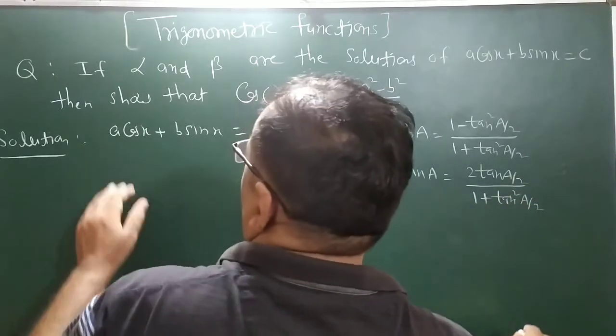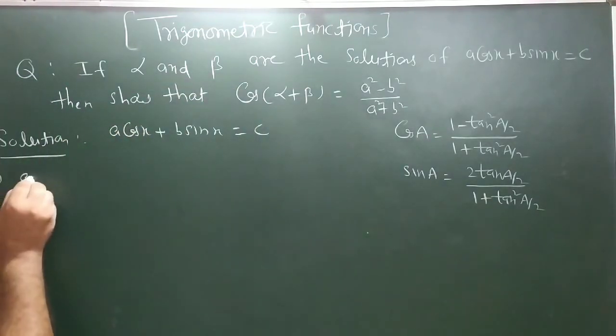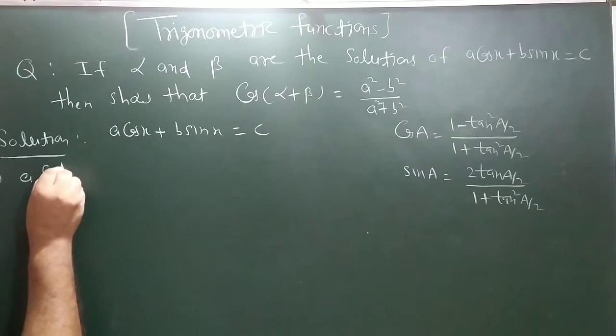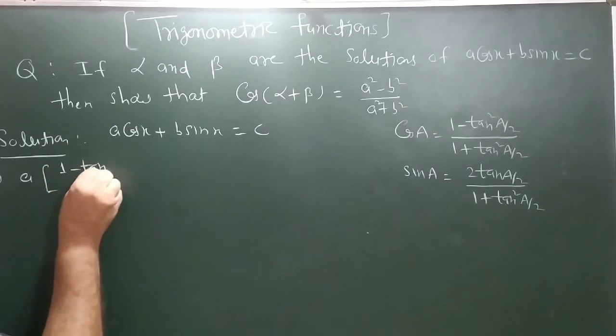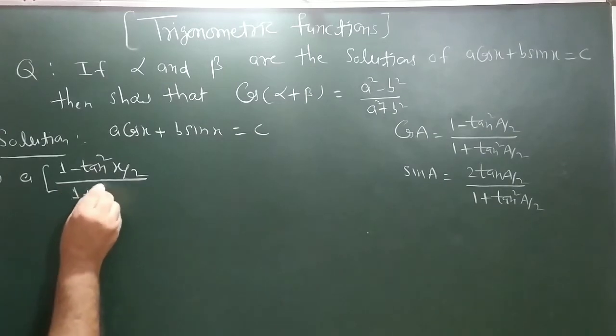So for conversion we use these two identities here. So now this equation becomes a cos x replaced by 1 minus tan square x by 2 upon 1 plus tan square x by 2.